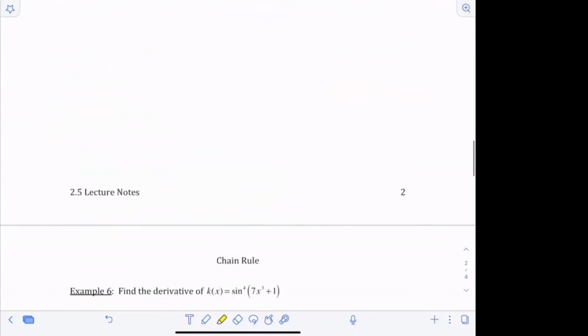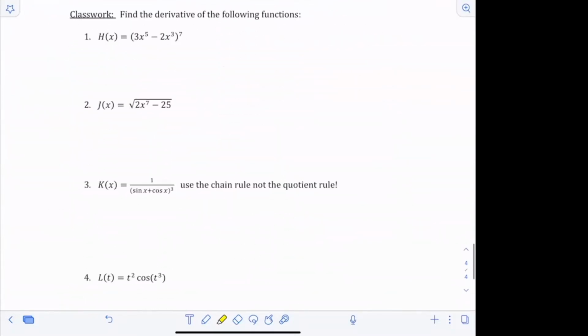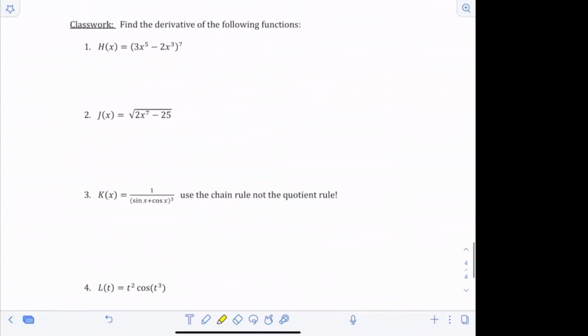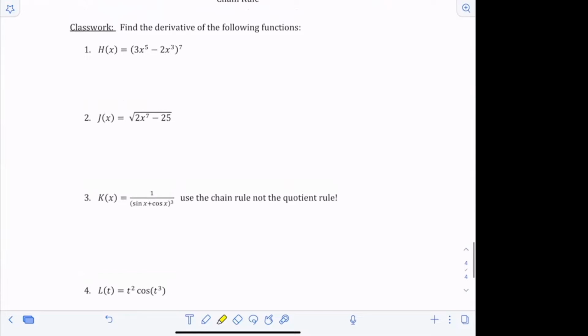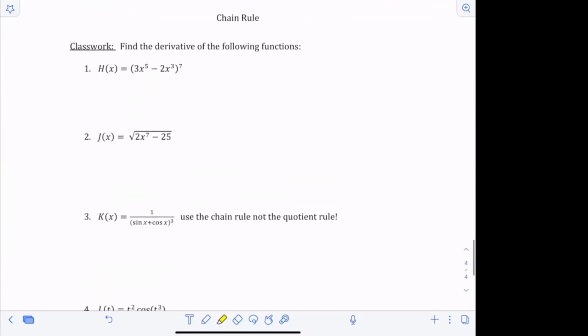Okay. I think you're ready to try an example. So try example 1. Try example 1 first.